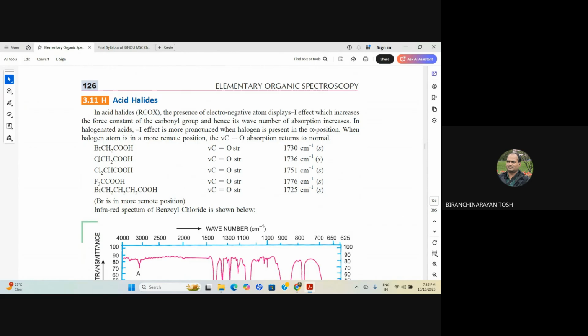If chlorine, then 1736. Two chlorines increase it to 1751. Fluorine gives 1776. Bromine attached at a more remote place decreases the frequency. Electronegativity is the same, but it is remotely attached to the carboxyl group, so that's why it decreases.